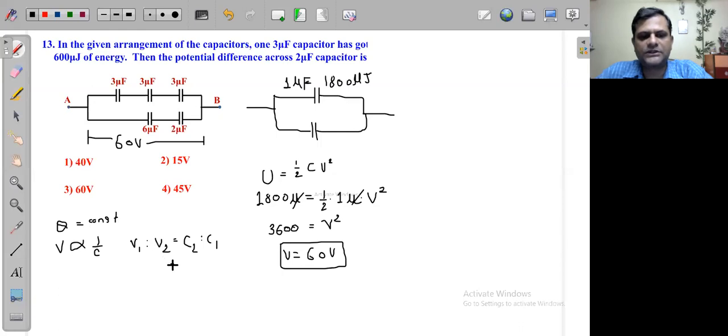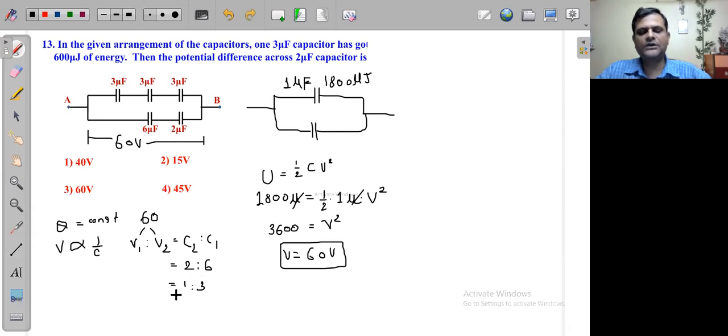And C2 upon C1 कितना है? तो देखो, C1 is 6 microfarad and C2 is 2 microfarad. So the ratio of capacitances is 6:2, मतलब वो बन गया 2:6. So 2:6 मतलब वो बन गया 1:3, right? And V1 upon V2 is 1:3, but the total potential difference is 60 volt, which has to be divided into two parts in the ratio of 1:3, right?